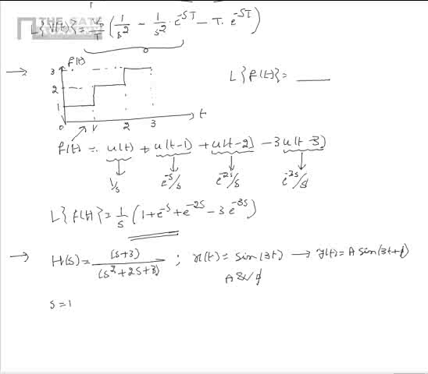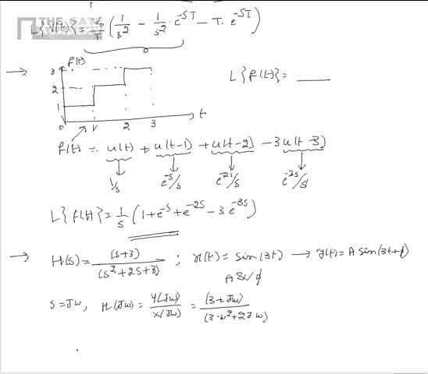Upon substituting s is equal to j omega in the given transfer function, we get that H of j omega is equal to Y of j omega divided by X of j omega is equal to 3 plus j omega divided by 3 minus omega square plus 2j omega.